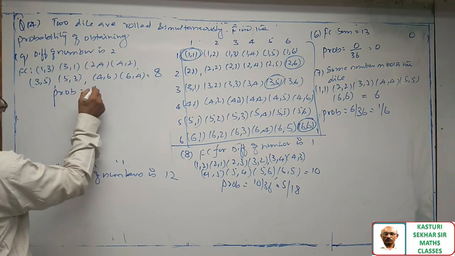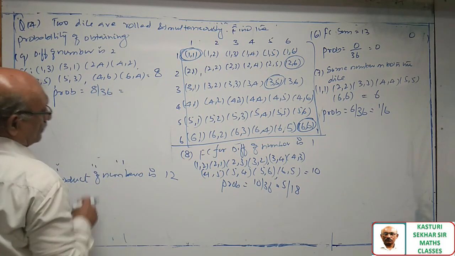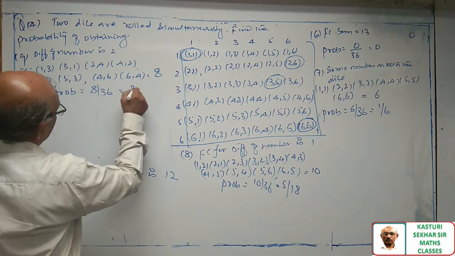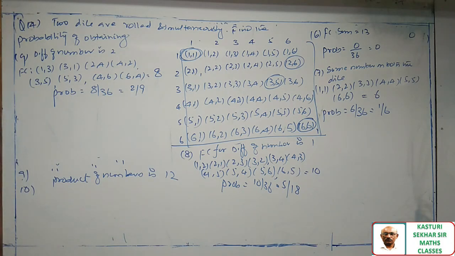So probability is equal to 8 divided by 36. 2 by 9 is the answer.